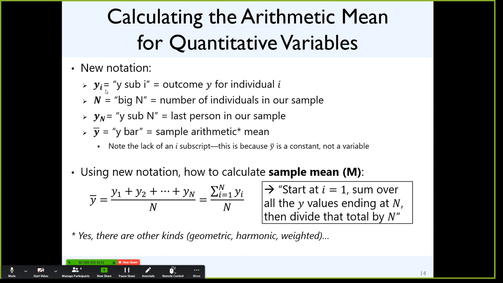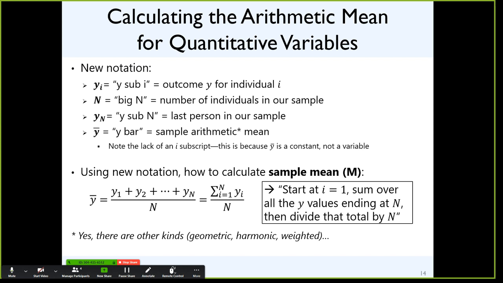So here's some new notation. This right here, y sub i, is how I would talk about that. Sub meaning subscript. That is how we'll indicate an outcome, one outcome variable, one column in a data set that varies across individuals. i is a common subscript to differentiate among cases in a sample because individuals could be anything.